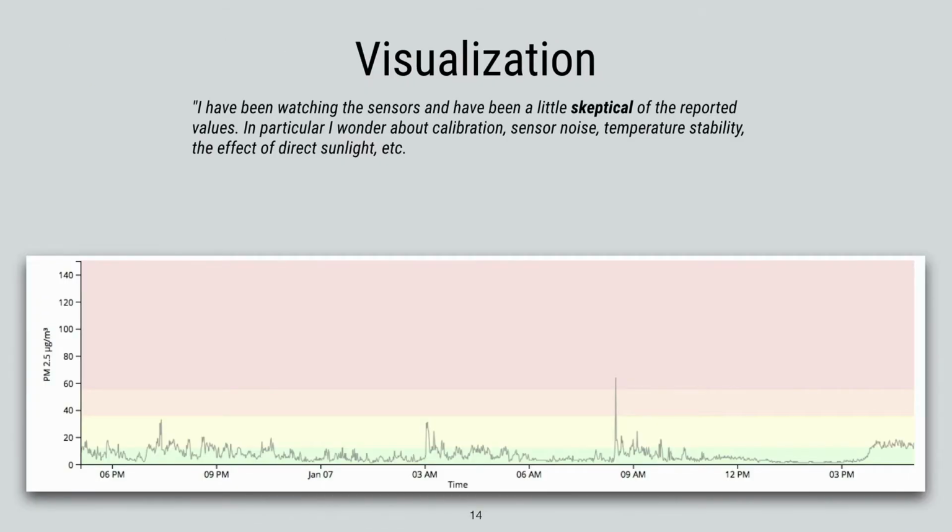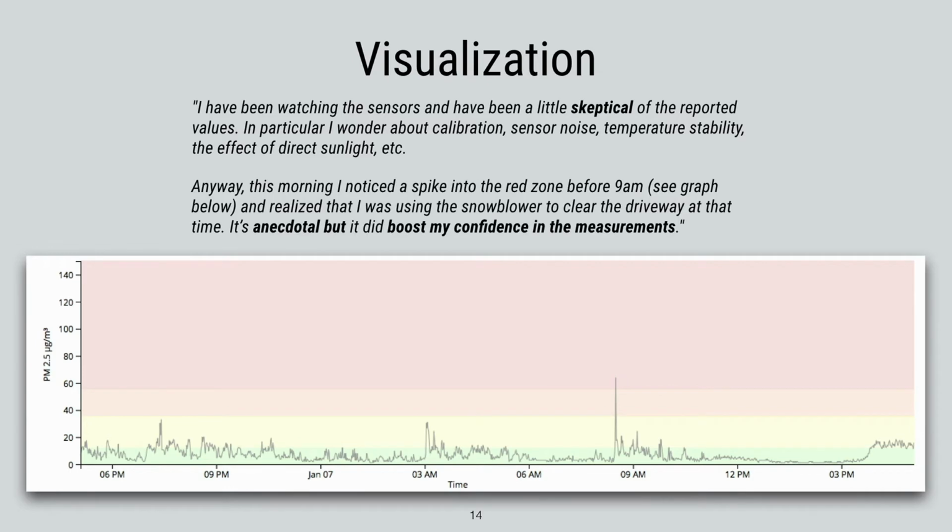So this map of estimates is still very much a work in progress and not yet publicly available on our website. Initial feedback from our sensor-holding citizens concerning our visualization, without the modeling layer and only showing the sensors, has been interesting. For example, one citizen said, I've been watching the sensors and have been a little bit skeptical of the reported values.